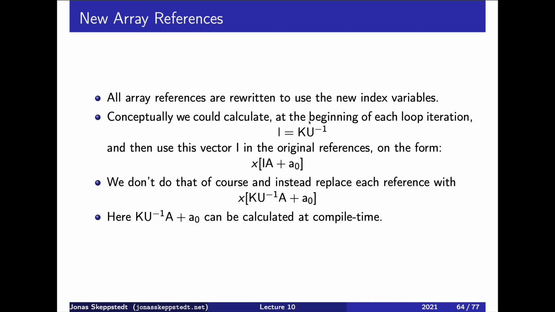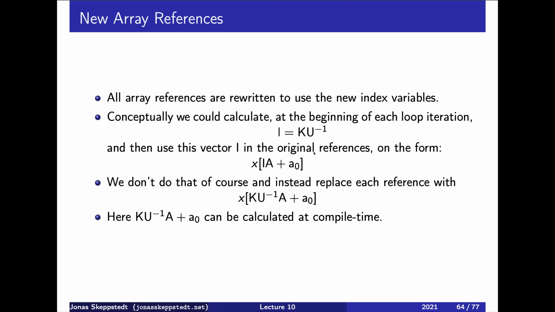What we could do, which would be terribly inefficient, would be to compute the I vector by taking the current values of the loop variables in the k loop nest and multiplying, so that we would recompute the original loop index variables, and then use them to get the data, either to read it or to write it. That would be very wasteful of clock cycles.